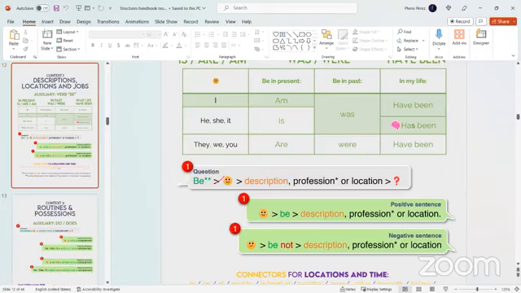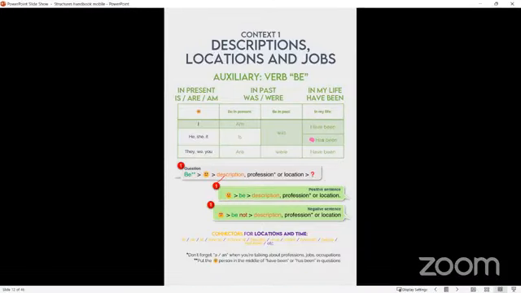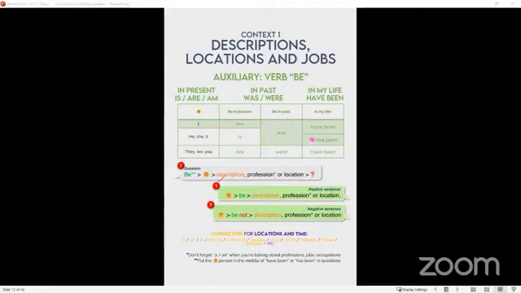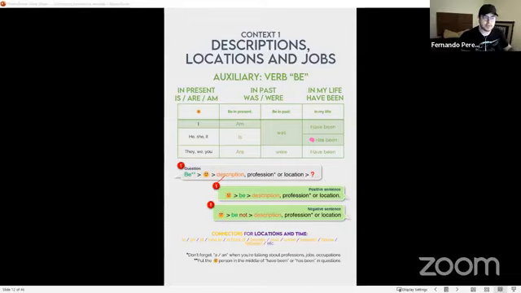Teacher, another example of this form, the verb be? Example, are you sick? What other example is possible? Think about a description. Give me an example of a description.